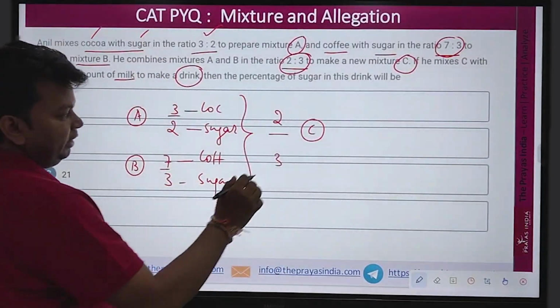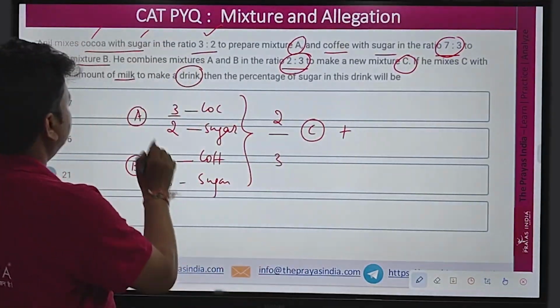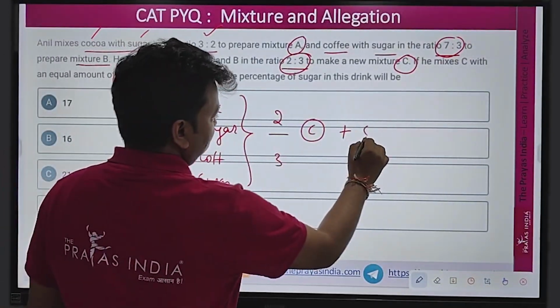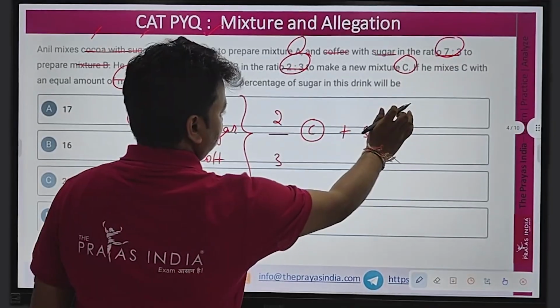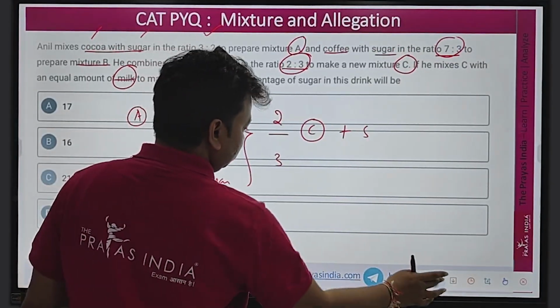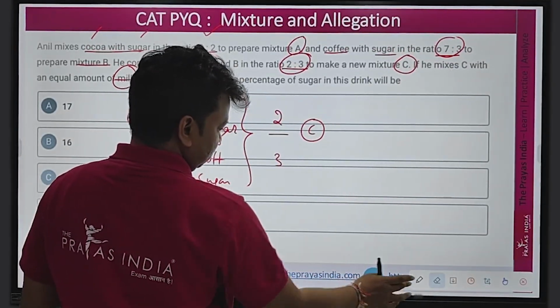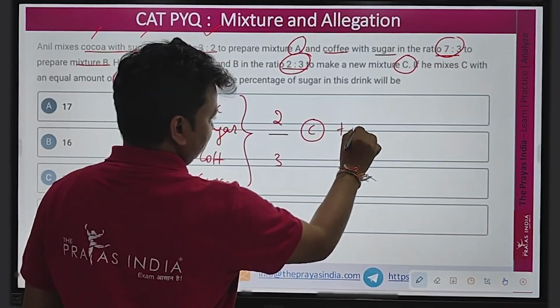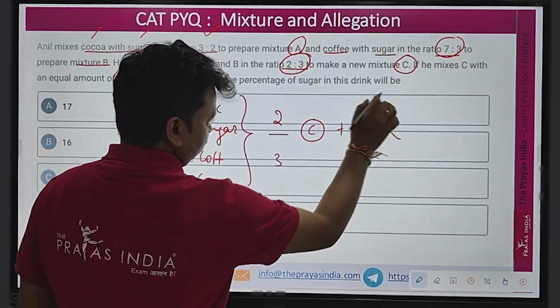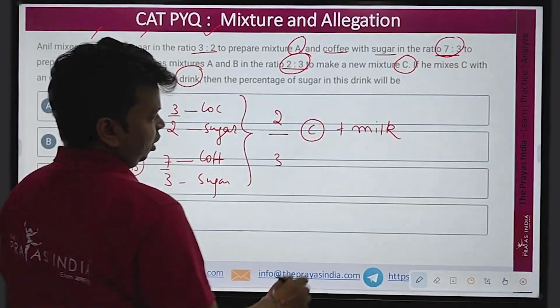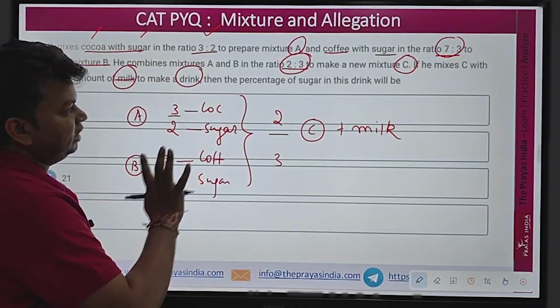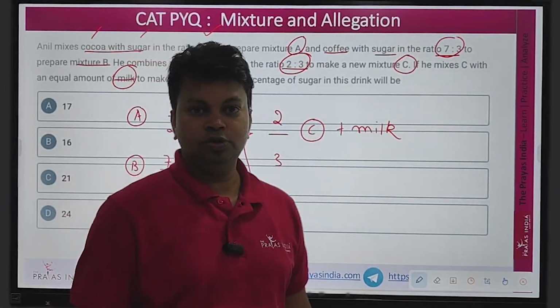Now again this C has been mixed with milk. How much milk? C has the same volume of milk. So now you need to say the percentage of sugar. So this is the question.